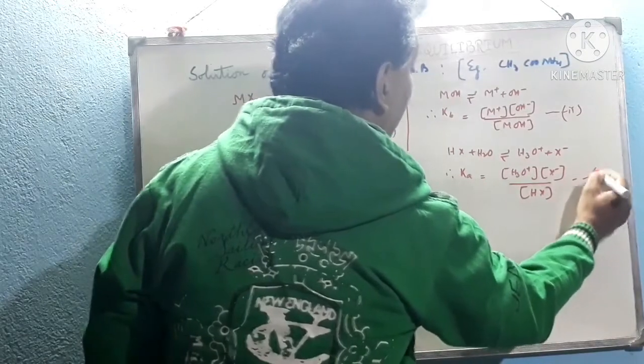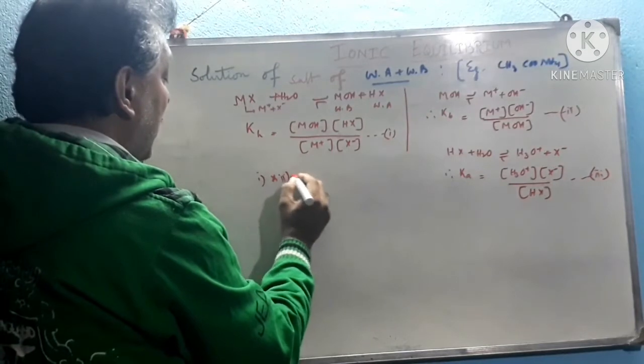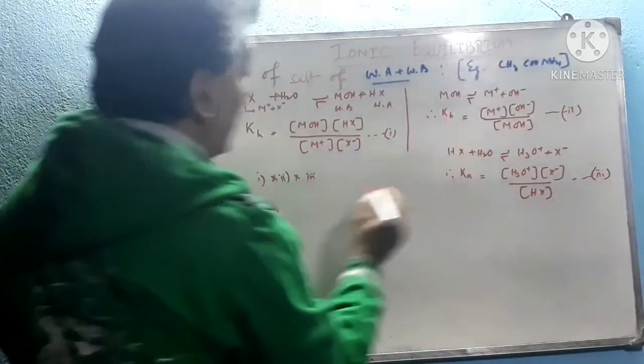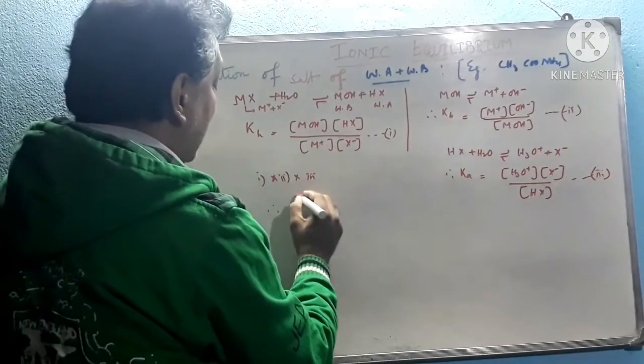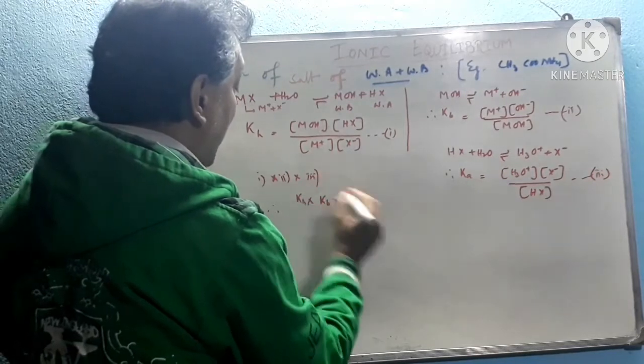So if we multiply these three, number 1 into number 2 into number 3, the expression becomes, now see this, Kh into Kb into Ka.